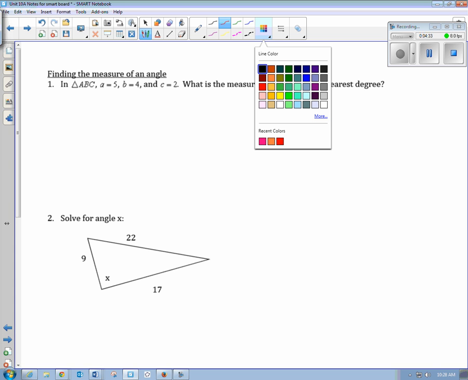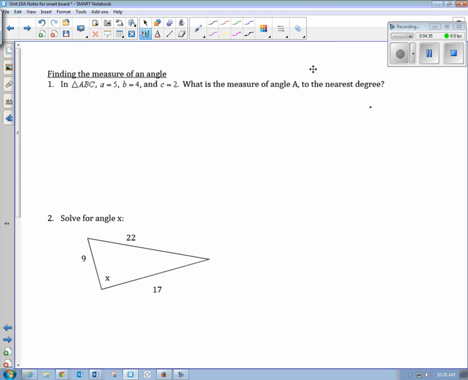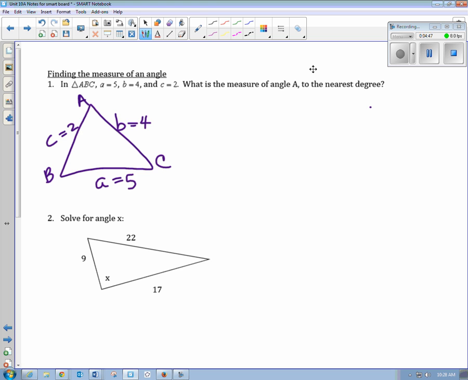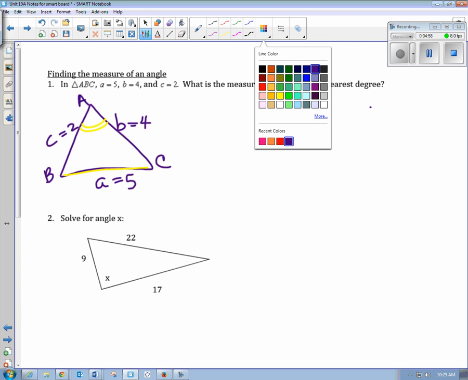they're giving me a triangle again, so I'm going to draw that triangle so I can label everything. And they're looking for the measure of angle A. If they're looking for the measure of angle A, that means that angle A and side a need to be the bookends in my formula.